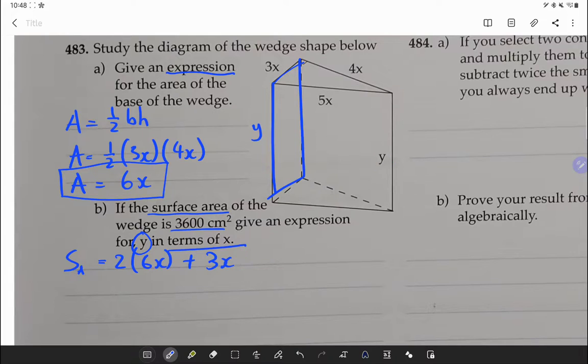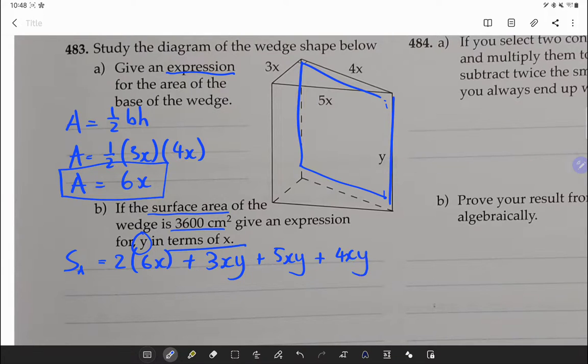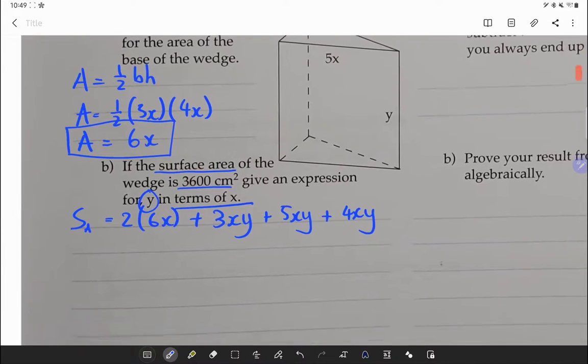That length there, times y, so 3xy. And I need that rectangle there, which is plus 5x times y, so 5xy. And lastly, I need that one, which is 4xy. Cool. So that's everything. 1, 2, 3. Yeah, that's everything.